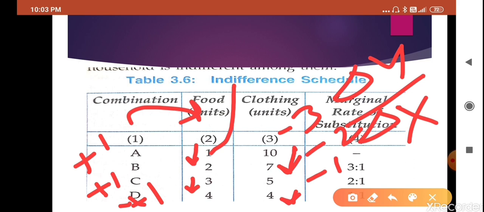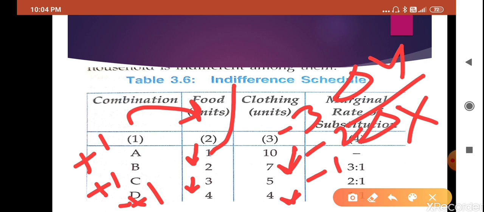So why is this decreasing? Here one more concept is there. Here the law of DMU is applicable. Why is the law of DMU applicable? Because after every additional unit of consumption of commodity X, you will not be as interested in commodity Y. So as you are increasing the consumption of unit X, your consumption of unit Y is decreasing.